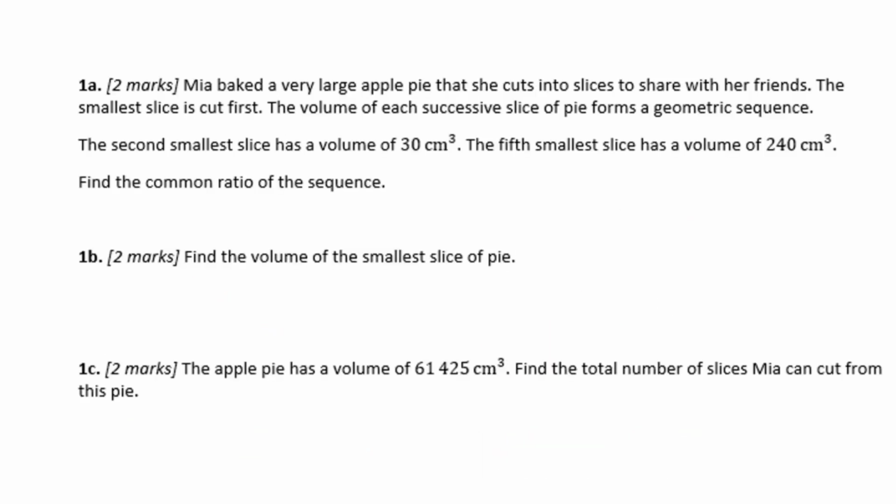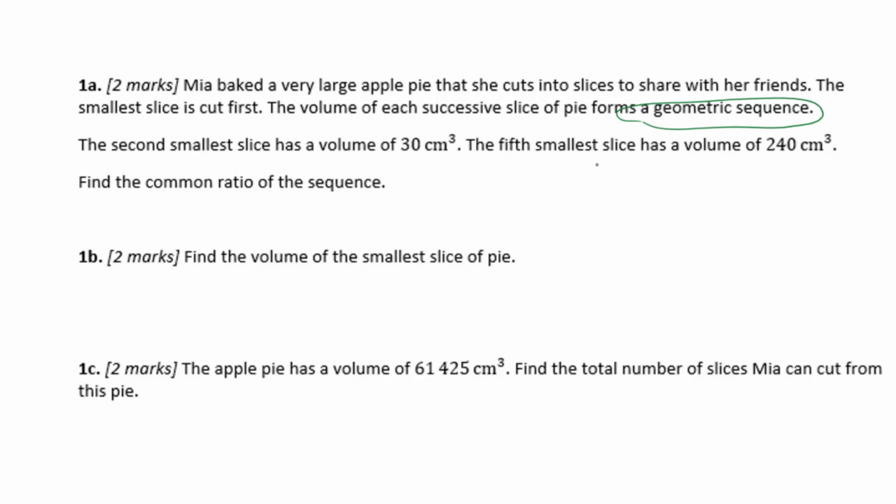Let's go to 1a. Mia baked a very large apple pie that she cuts into slices to share with her friends. The smallest slice is cut first. The volume of each successive slice of a pie forms a geometric sequence. The second smallest slice has a volume of 30 centimeters cubed.